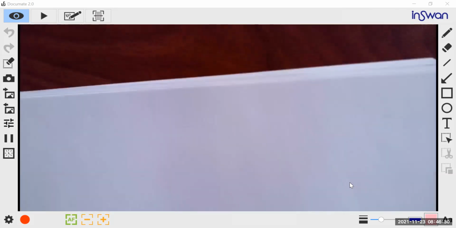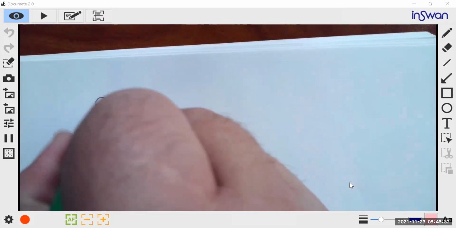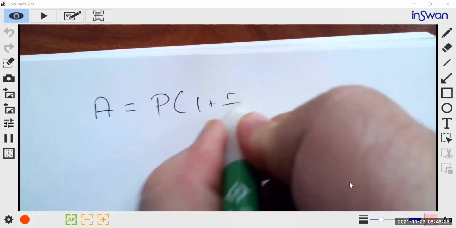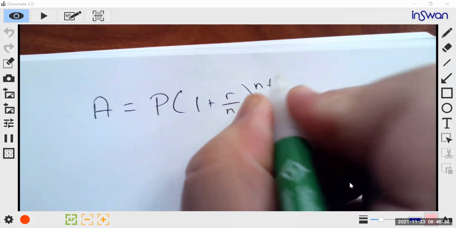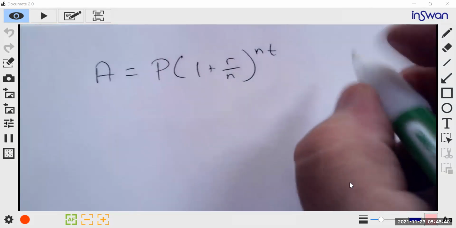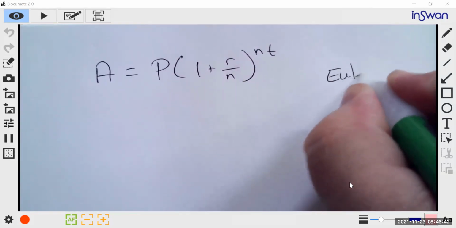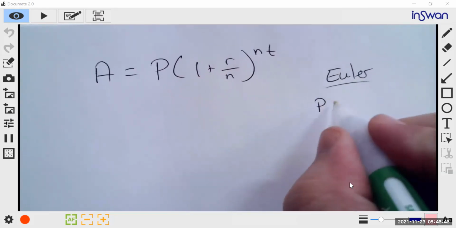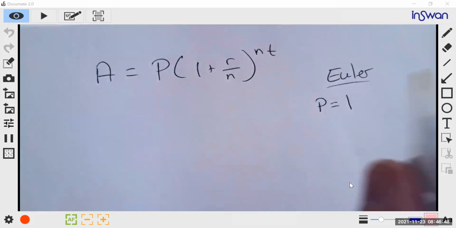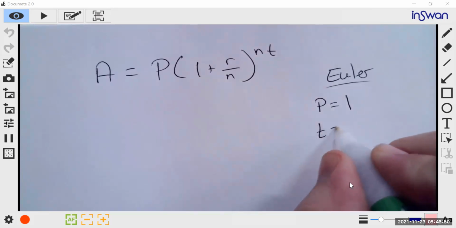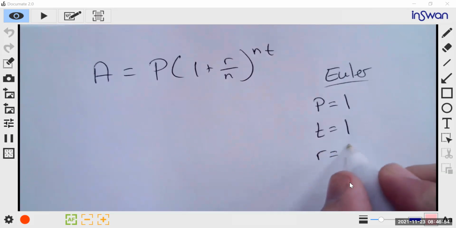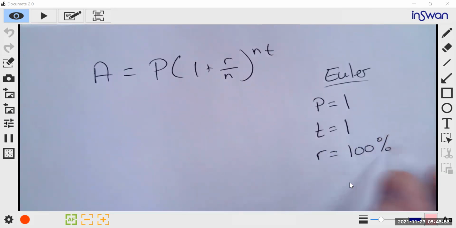Now, there's our formula. A gentleman by the name of Euler decided, what if I borrowed $1 for 1 year at a rate of 100%?